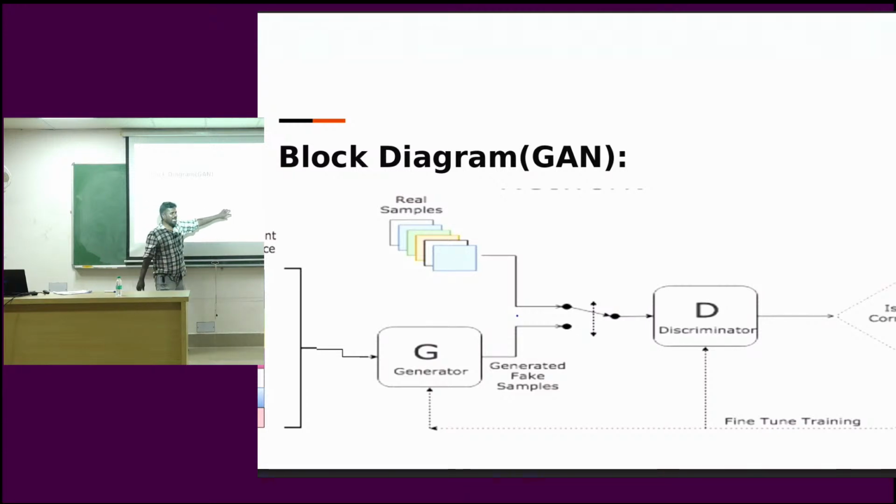The discriminator wants to be trained like a police officer, but eventually after the training he won't be a police officer, and the generator won't be a thief. It means the generator starts generating real-like samples.